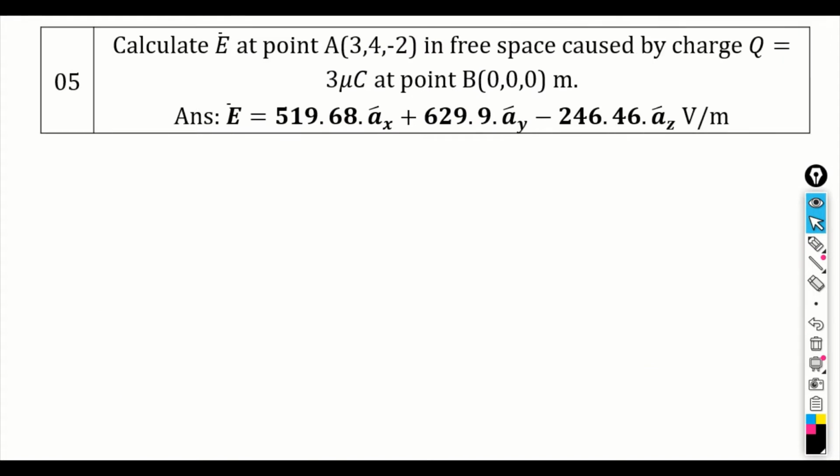Consider the second problem. Calculate electric field intensity at point P 3, 4, minus 2 in the free space caused by the charge Q of 3 microcoulomb at point B 0, 0, 0.